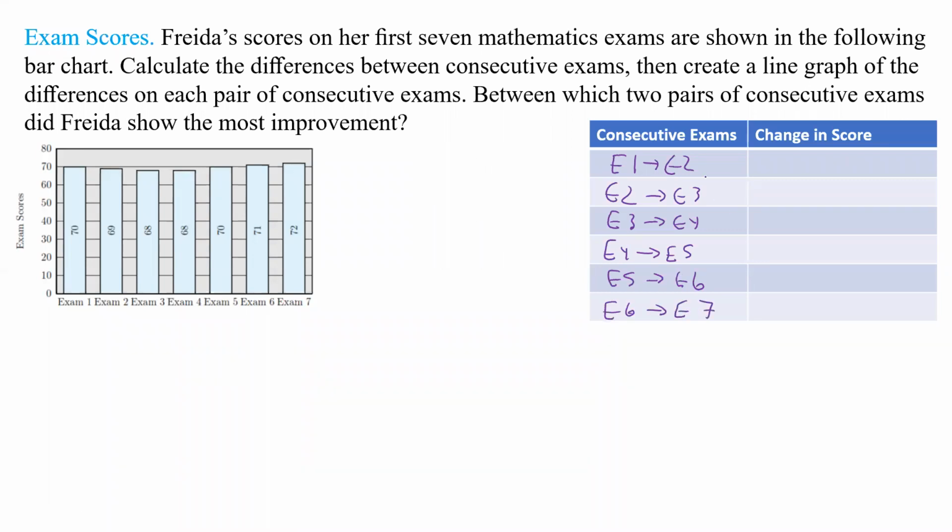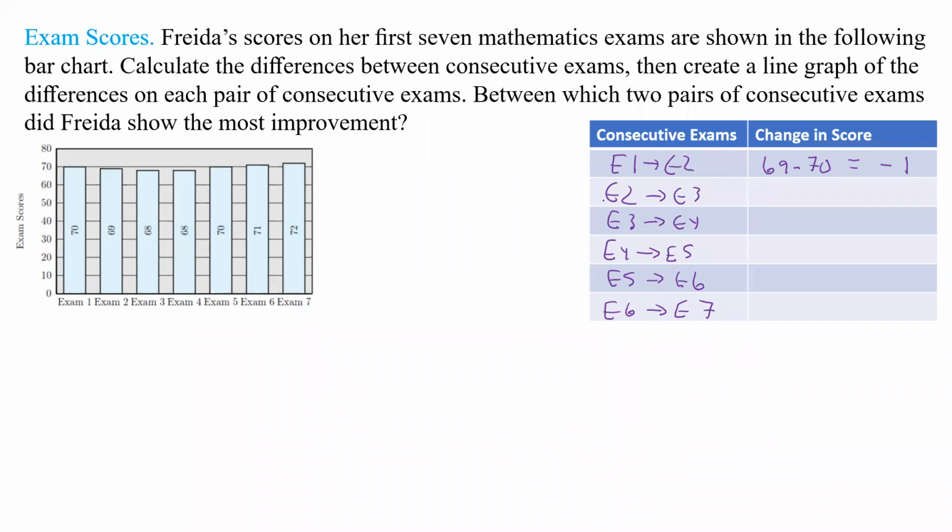Now the change in score: I'm taking the latter minus the former, so this time it's 69 minus 70. I don't have any room here, so I'm just going to do the math. 69 minus 70 gives me negative 1. Because 70 is larger, it's negative; 70 minus 69 is 1, but it has to be negative.